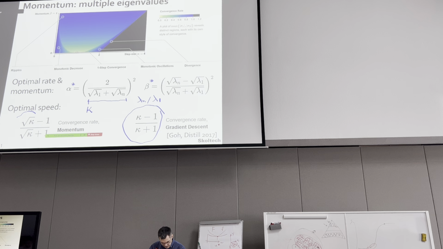This is bigger than 1 because lambda n is a bigger eigenvalue than lambda 1, and by taking the square root, we increase the convergence speed. This proves that we obtain a faster convergence rate in the end, which means that by introducing momentum, we can do better than before.